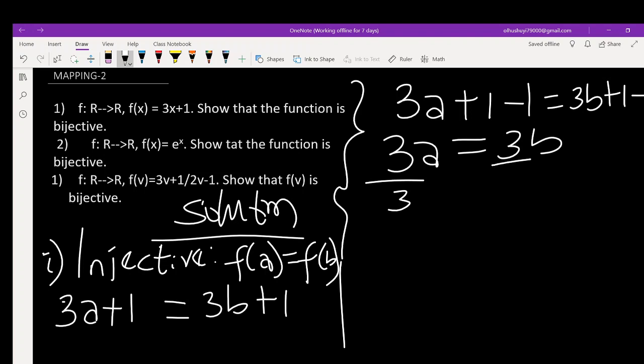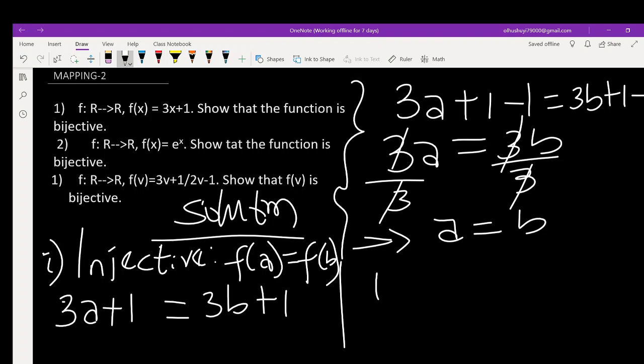Dividing both sides by 3, this cancels out this. That implies that a is equal to b. We are showing for injectivity. The function is injective.